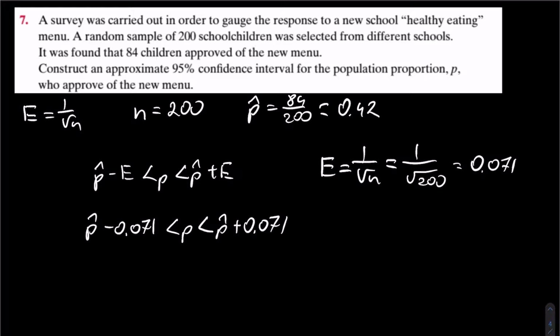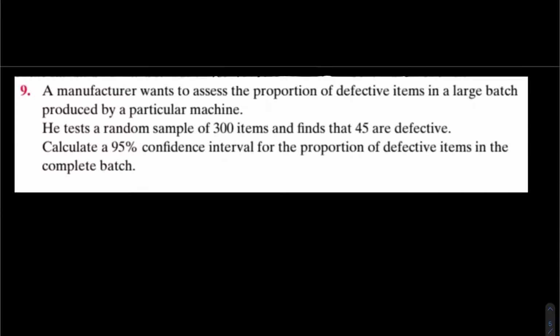When I do the calculations, let me replace p hat with 0.42: 0.42 minus 0.071 gives 0.349, less than the population proportion, less than 0.491. So that's the confidence interval. And we can move on to the next problem, which is number 9.